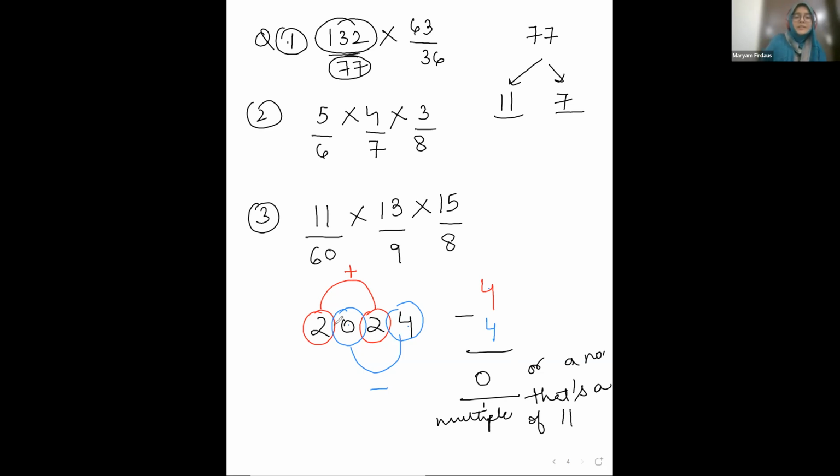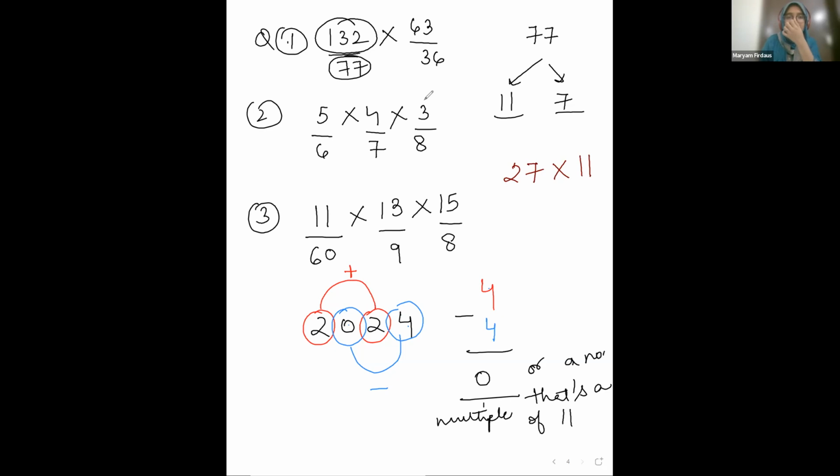So over here in this case, 2024 is divisible by 11. But no, it is not 44 multiplied by 11. You know why? Because this is something for smaller numbers. Let's say 27 multiplied by 11.